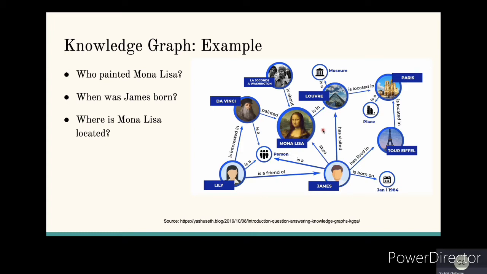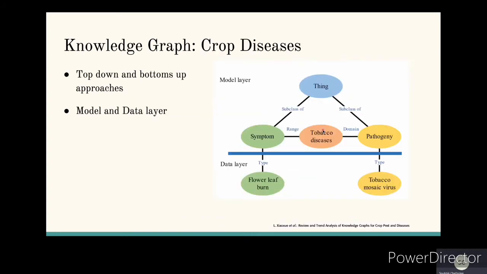So coming to the specific application of this kind of graphs in crop and pest diseases, there can be two kinds of approaches, called the top-down and the bottom-up approach. In the top-down approach, it starts with the model or the concept, which is then unrolled, and then it goes into the actual data, which is stored in the data layer.